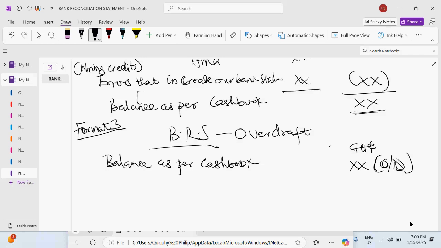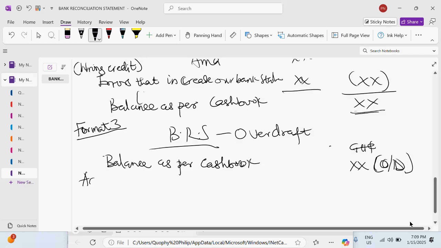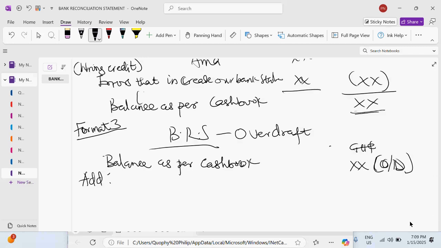In the normal one, if there was no overdraft, what would we have added? Unpresented checks. So do you think it will still be unpresented checks?